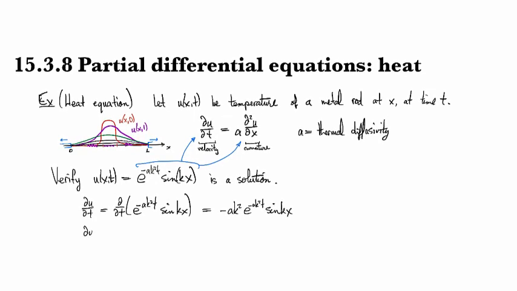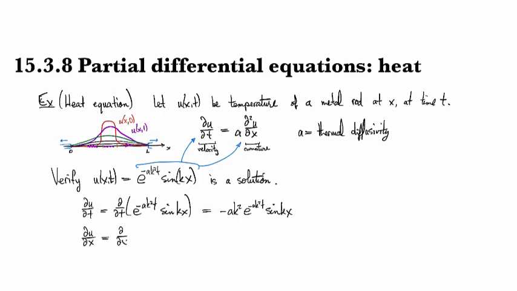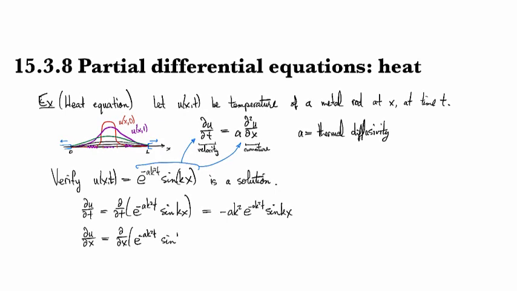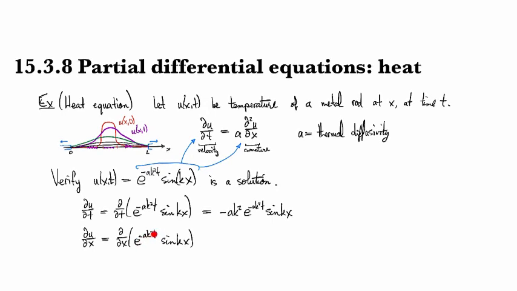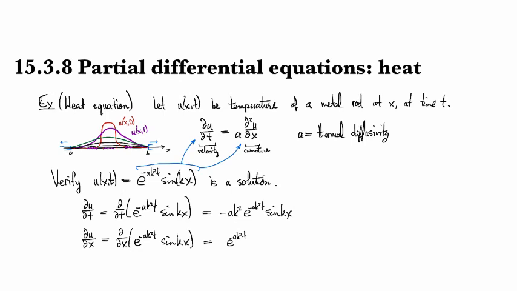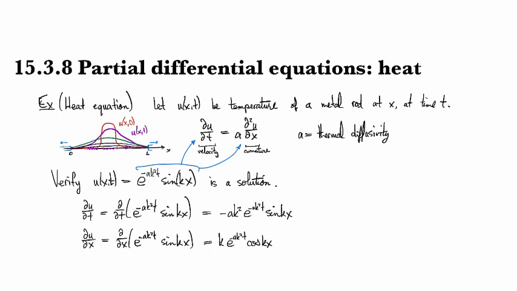Okay, and so now let's do du/dx, first space derivative. And so for the space derivative, we've got no x's in this first part, so that's just a constant. So we'll get an e^(-a k^2 t) out front. Then sine is going to become cosine. And then the chain rule is going to kick out a copy of the coefficient inside the argument of the sine there, so we get a k.